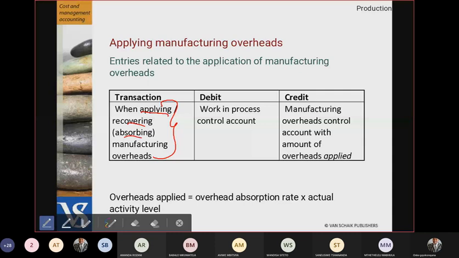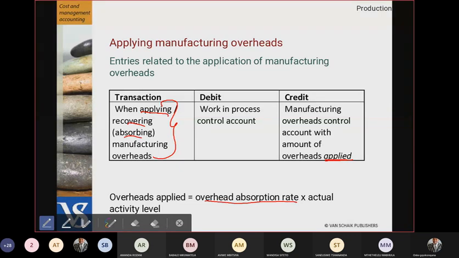On the debit side, you credit your manufacturing overheads account with the amount of overheads applied. They even write that in italics so that you are not confused into taking the actual amount. Hence, they said applied overheads is overhead absorption rate times actual activity. You know exactly how to work out your absorption rate, but that rate is based on the budgeted information.